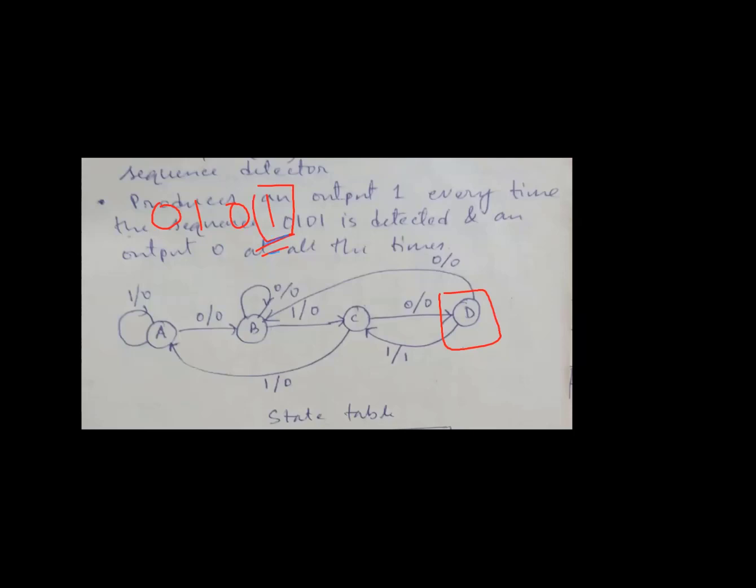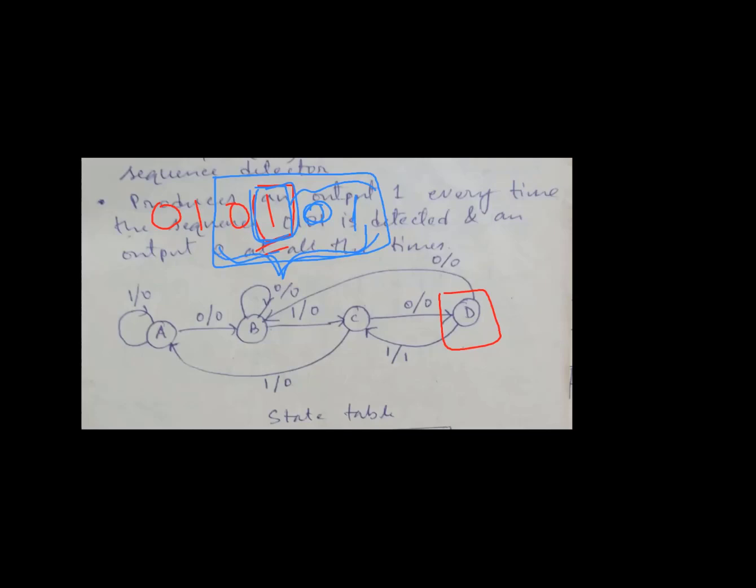After this one, if we again get 0 1, look at carefully, the sequence again repeats: 0 1 0 1. So after the last one, your sequence may repeat if we get a 0 and 1 again. Why? Because in that case, the last 4 bits become again 0 1 0 1.